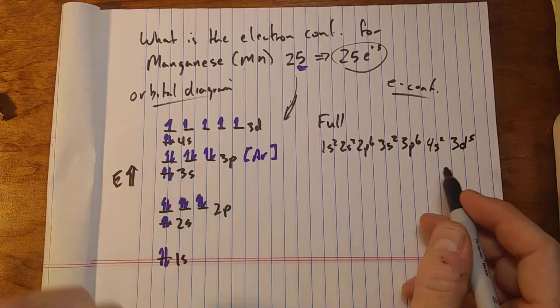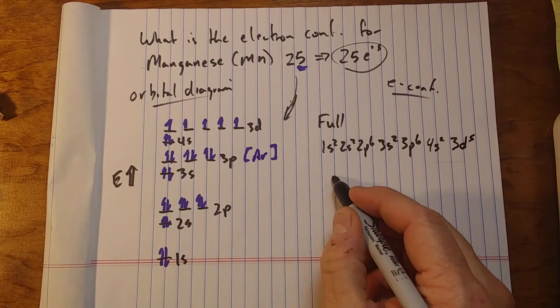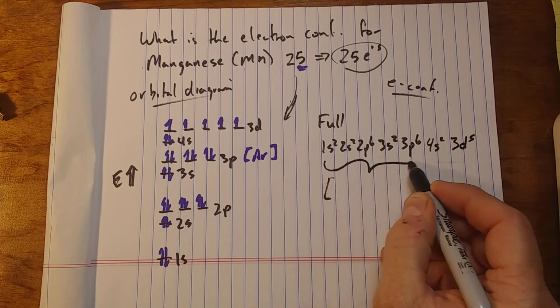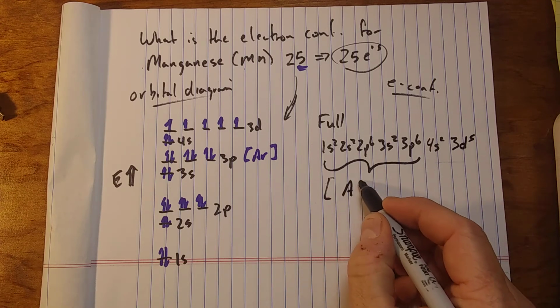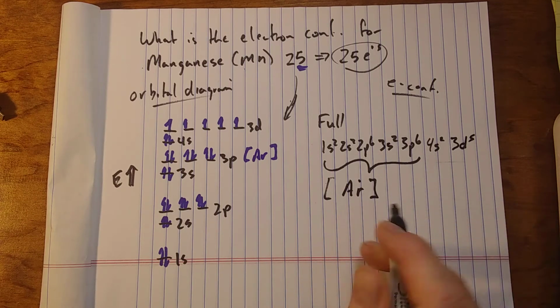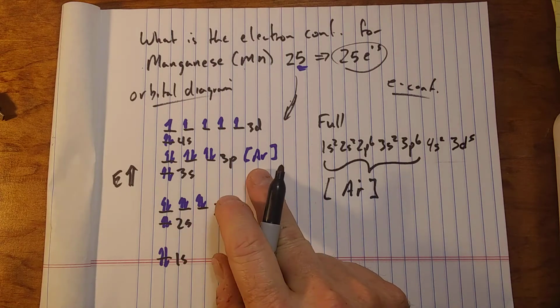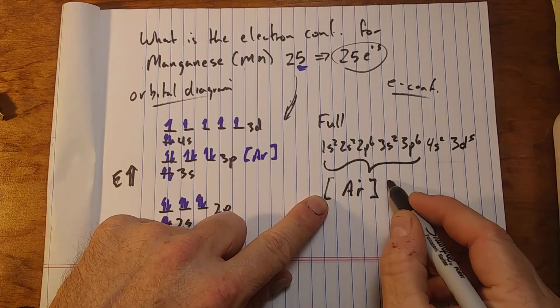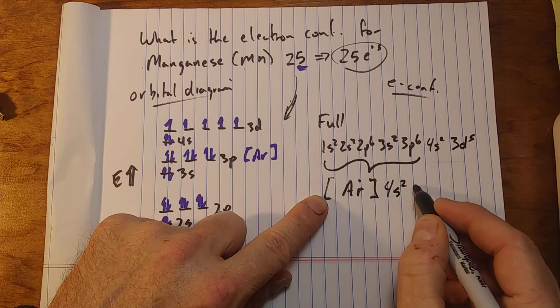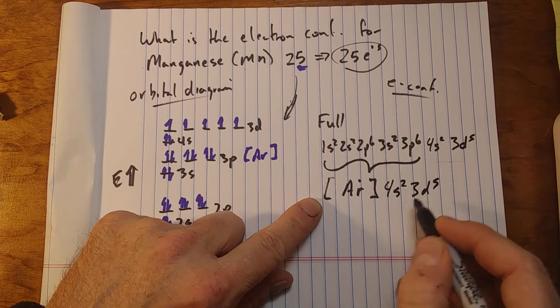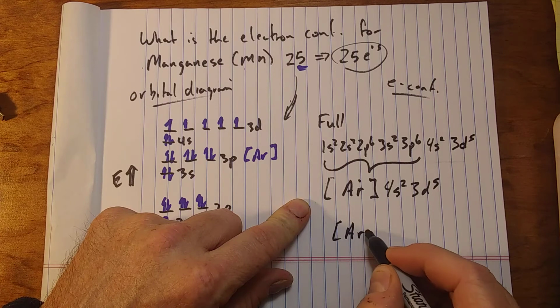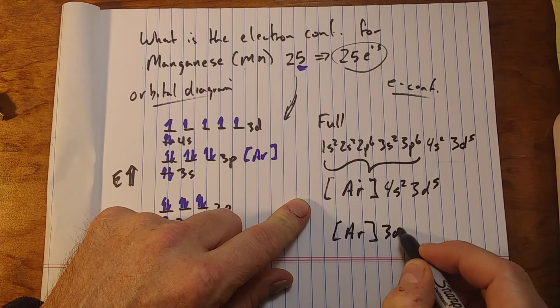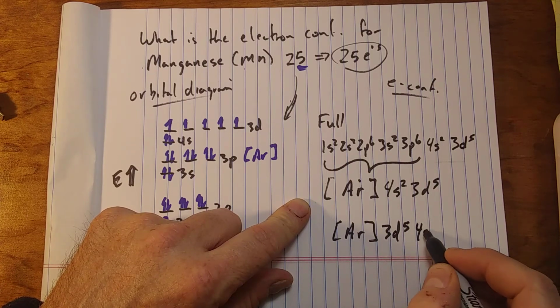We can flip those, but this is acceptable. Or we can abbreviate all of this and just say, hey, that's argon. That's the state of argon, and so we put a bracket and then we'll just have the valence electrons noted, 4s2, 3d5. And again, you might see in a textbook, they write it as 3d5, 4s2.